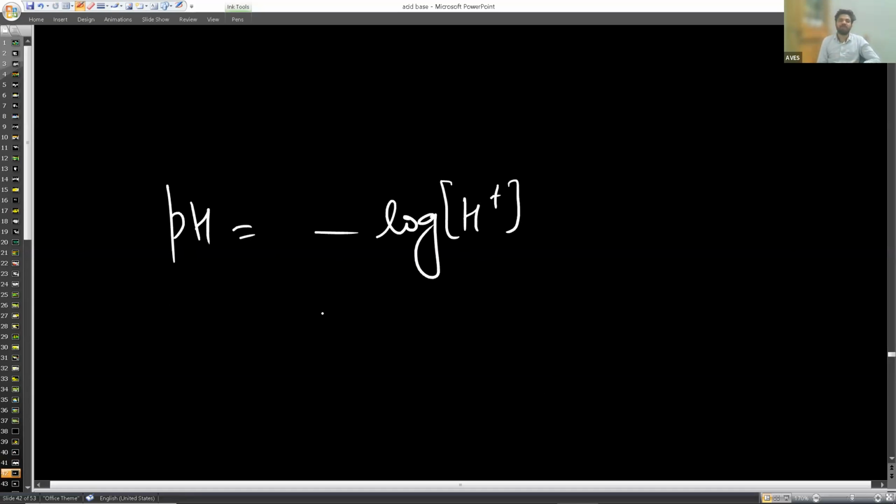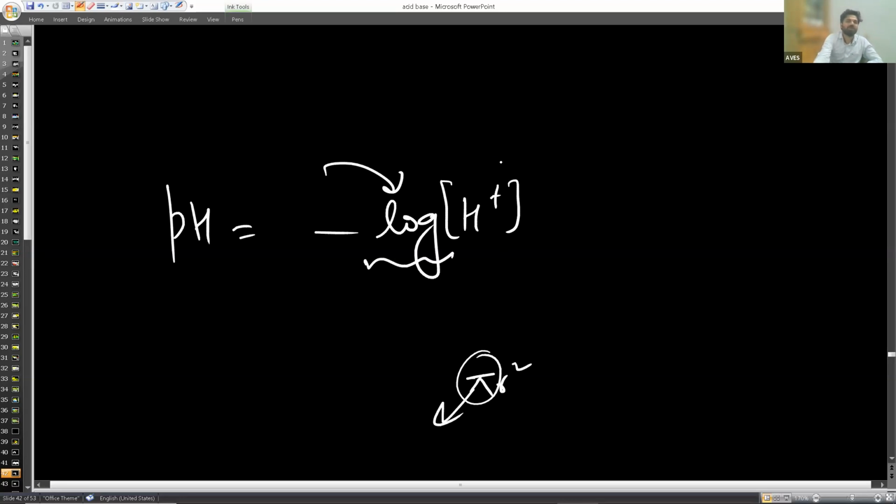Negative means minus sign, and log is a mathematical term, like sine and cos, which you will study, and pi, which you studied. For example, the area of a circle is pi r square. Pi is a mathematical term that has a particular value. Similarly, log is also a mathematical term. So pH is equal to minus log of hydrogen ion concentration.